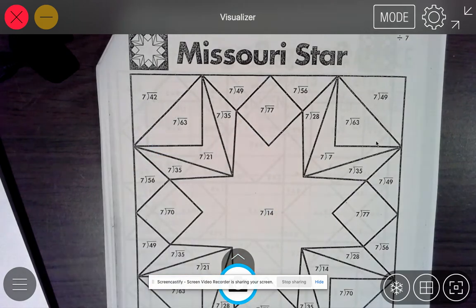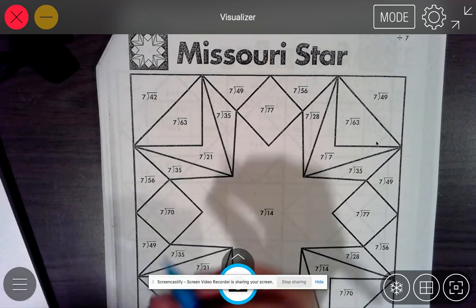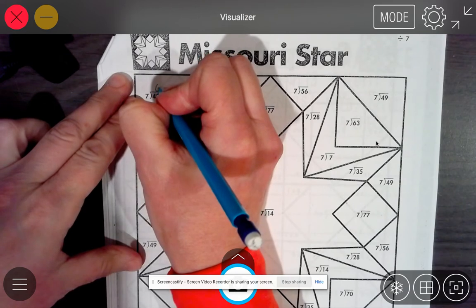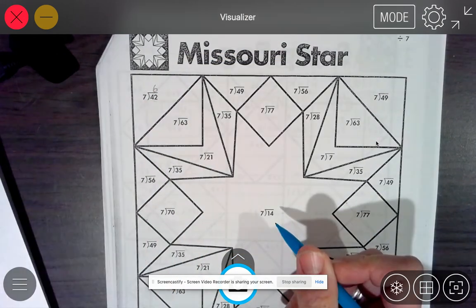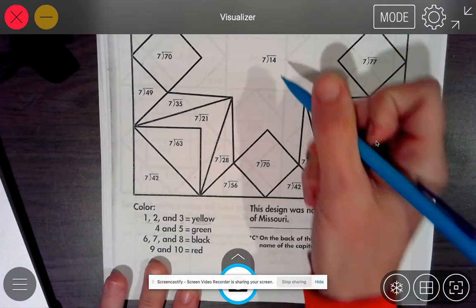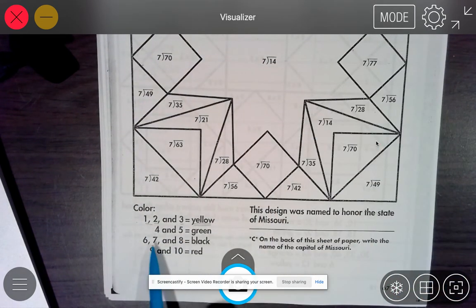What is 42 divided by 7? Does anyone know? 42 divided by 7 is 6. Okay, so if I was to get 6 on that one, I'm going to go down to the code and I'm going to see 6, 7, or 8 is colored what color?